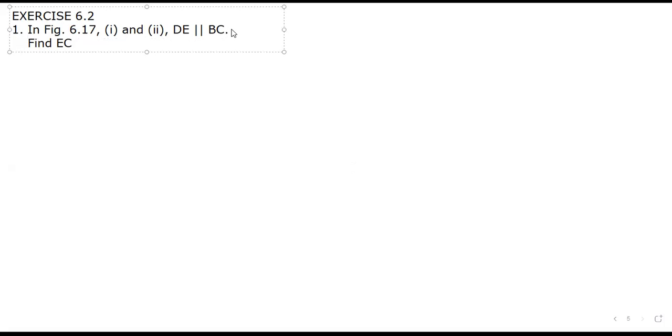Now you can open the books. ABC, and DE is a line parallel. Chalo, draw the figure ABC quick. Something of this kind of a triangle they have given us, and there is a line DE which is parallel. So what are we going to use?